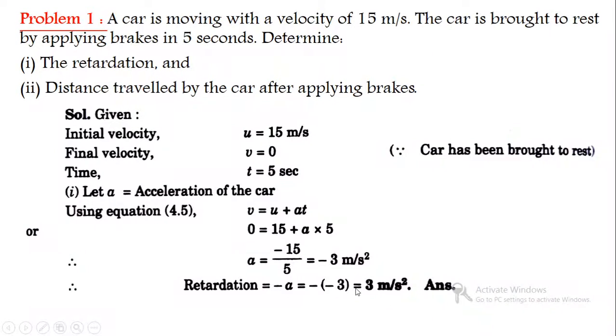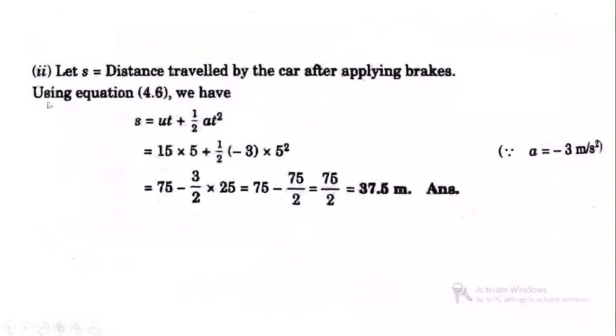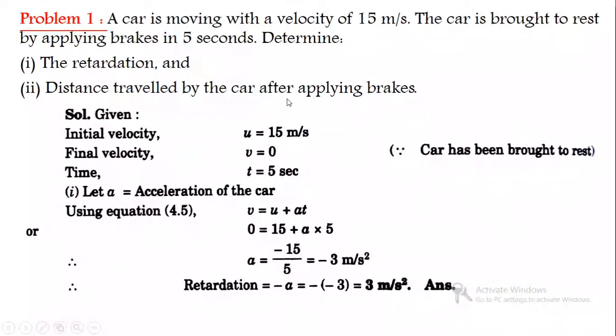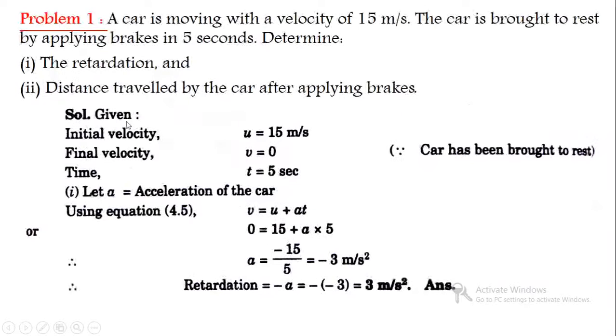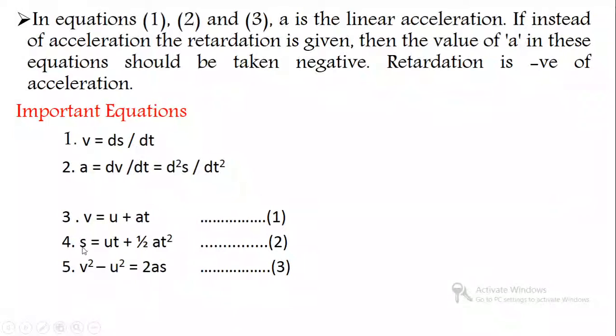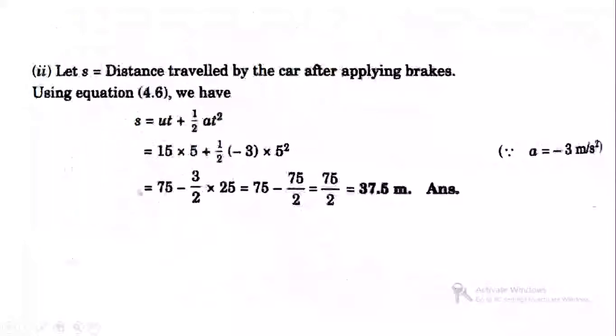Okay, and the second question, the distance traveled by the car after applying the brake. Using equation 2, from this equation you have to find the distance. We know the initial velocity, the time and the acceleration. Okay, we will apply all the values and find the final result.